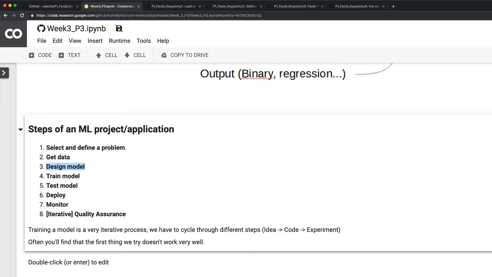So we can use a much simpler model, another algorithm, and we're going to see this for the facial key point detector. We can use another algorithm first to get what we need in order to use our actual deep learning model.